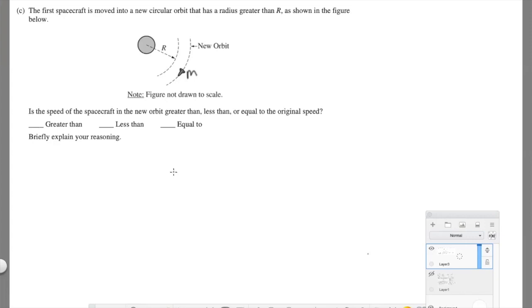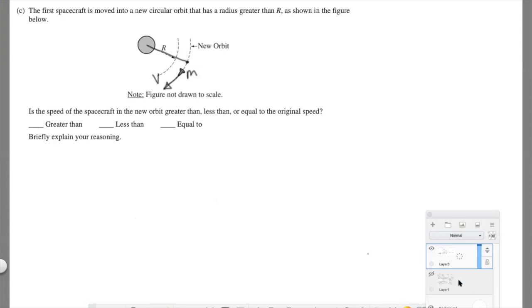Is the speed of the spacecraft in the new orbit greater than, less than, or equal to the original speed? All right, so we're going to look to the work that we did before. The question here is, what happens to the linear velocity of the spacecraft if we increase the radius? So r is being increased. What would happen to the velocity?